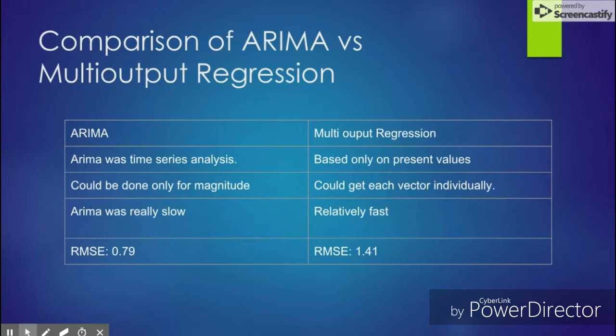ARIMA could be done only for the magnitude, while each individual vector could be obtained from multi-output. ARIMA was quite slow when compared to multi-output, and the RMSE for ARIMA was 0.79 as compared to 1.41.